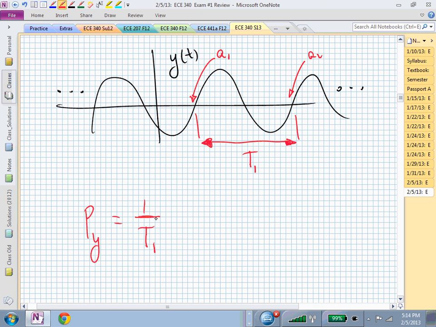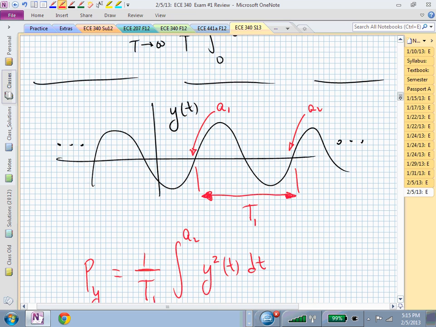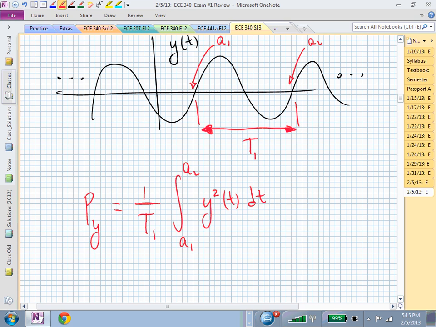I have to divide by the period that I'm integrating over. Now I'm integrating from A1 to A sub 2 of y squared of t dt. And I would have to be told functionally what y is so that I could integrate it. So now the answer would be a generic unit of watts. So this would be some value in watts.